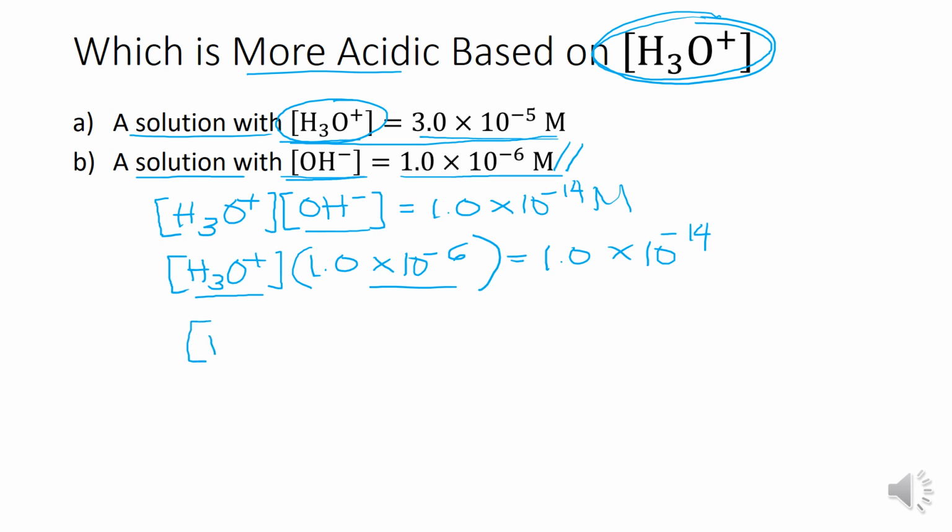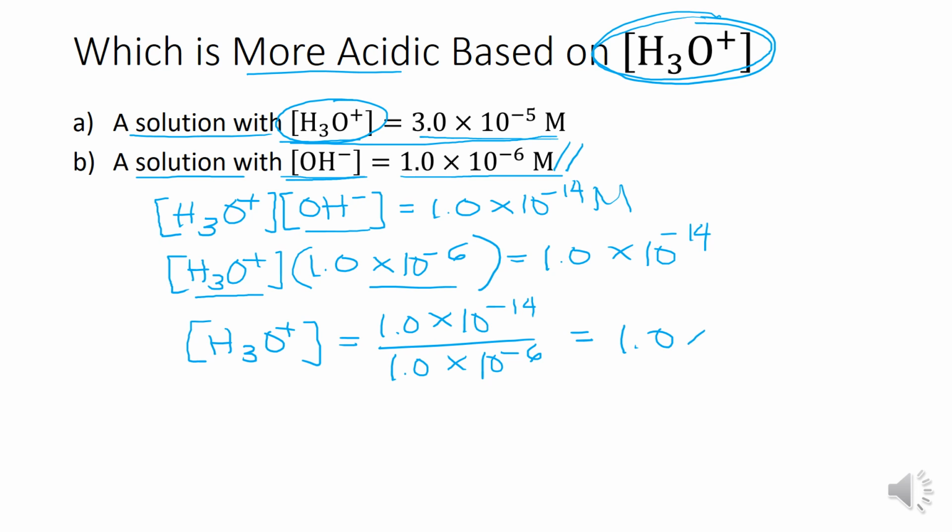Therefore, the hydronium ion concentration is equal to 1 times 10 to the negative 14 divided by 1 times 10 to the negative 6. Let's simplify that. Let's calculate that. Let's input 1 exponent negative 14 divided by 1 exponent negative 6. So the answer is 1 times 10 to the negative 8 molarity.